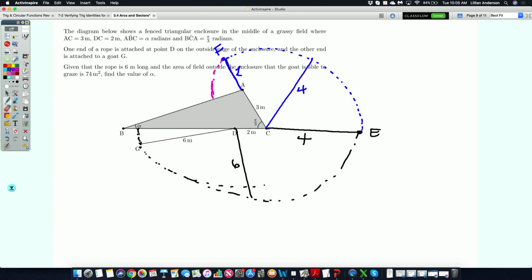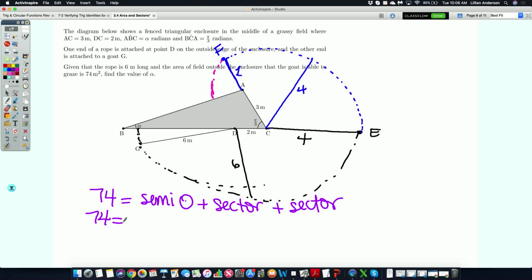So 74 meters squared is the total area between this black shape, which is a semicircle, and the blue sector, and the pink part, which is another sector.